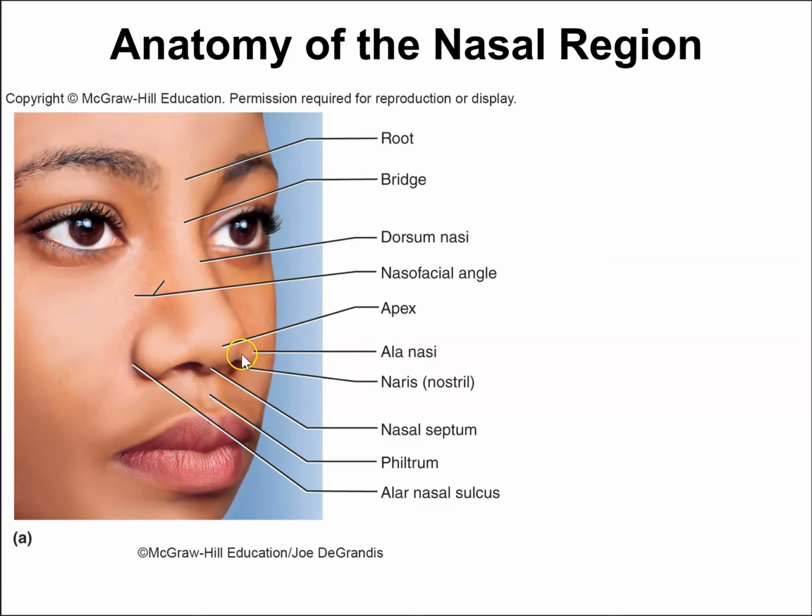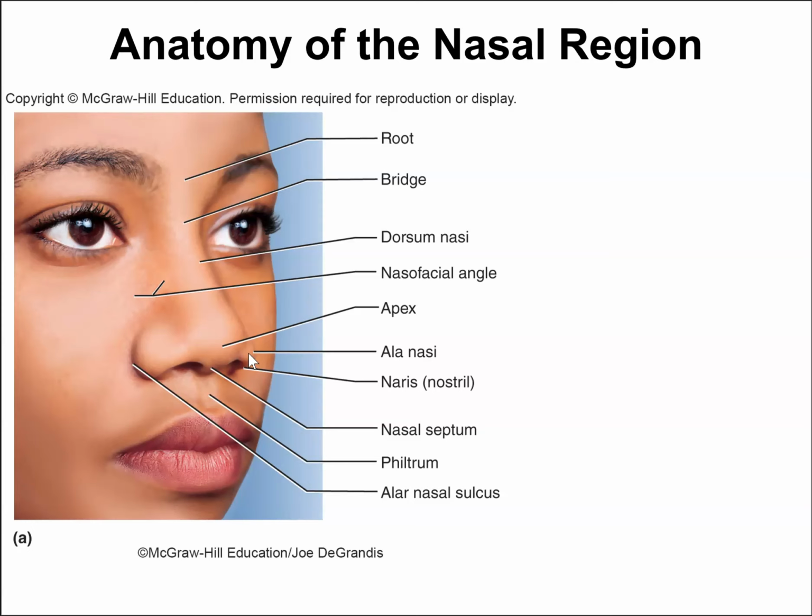Ala nasi are the cartilaginous structures that form the nares or the nostrils. Nares is plural and naris is singular. And so these are the nostrils, and alar nasi are the cartilaginous structures that form the lateral sides of the nostrils.